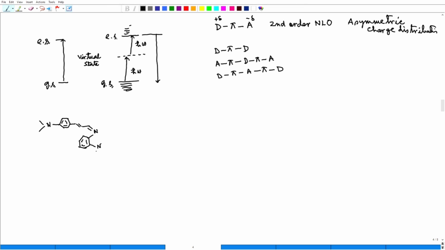Then double bond, same thing here also, then single bond, then double bond, then single bond, okay. So, my drawing is really ugly.